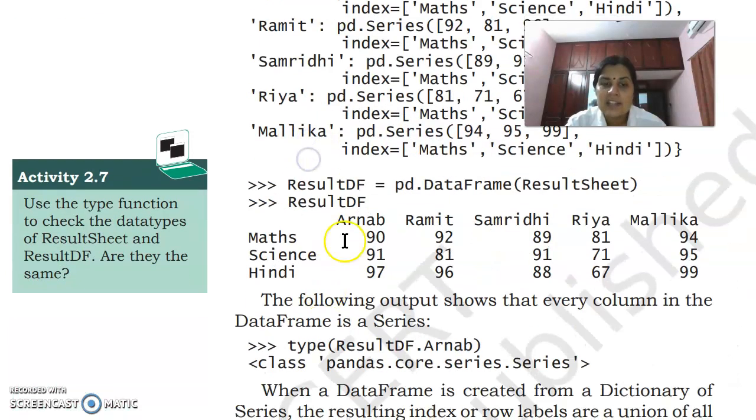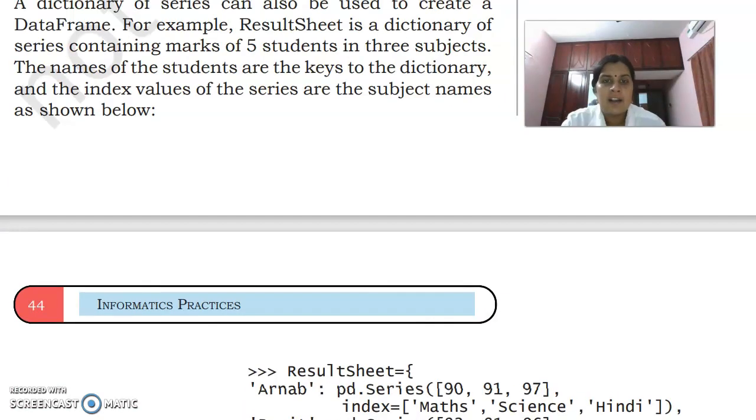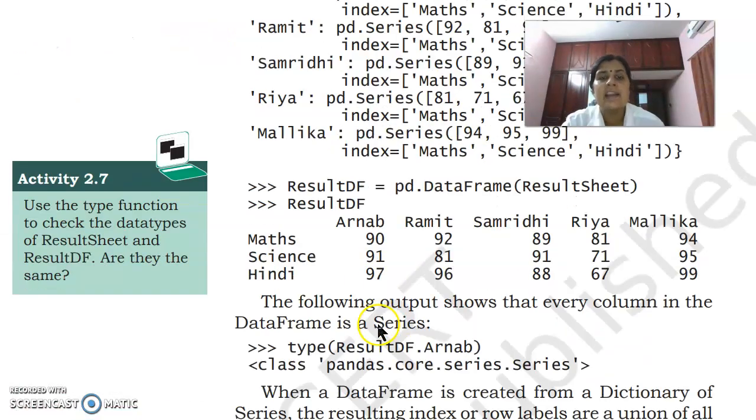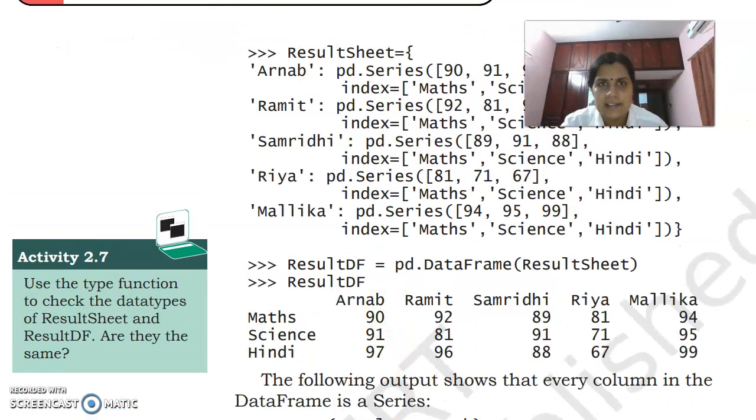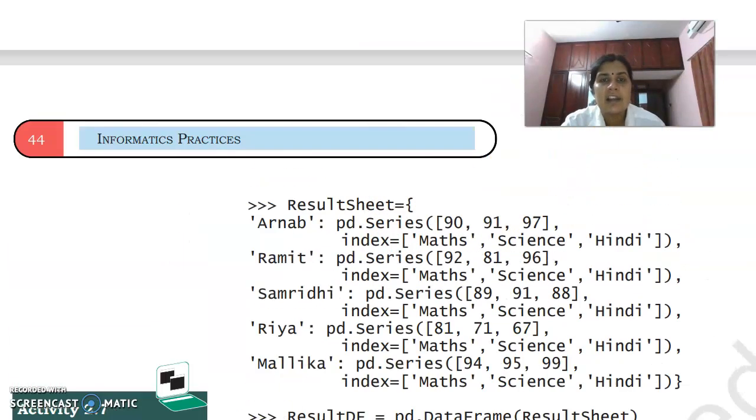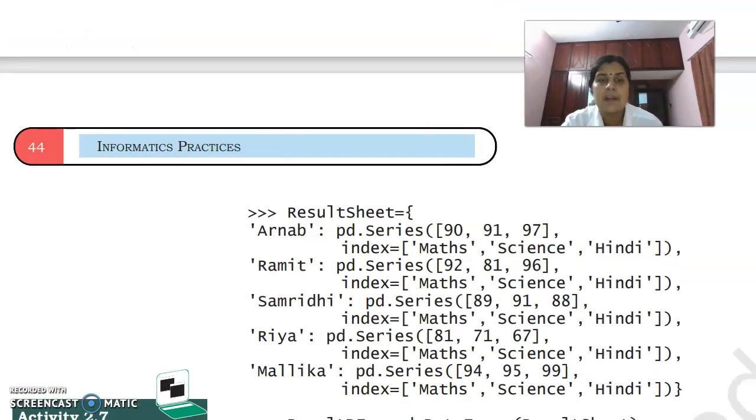So each student's data, here we are creating students data, like in a database we are storing students data. So when we are using series inside a dictionary, then instead of value we will use a series. When we are using list inside a dictionary, the list will become the value of that dictionary.